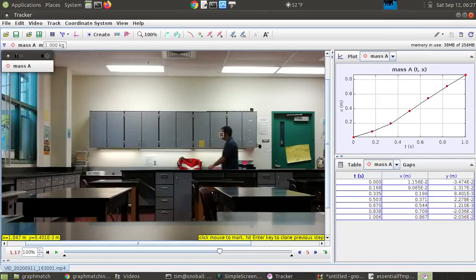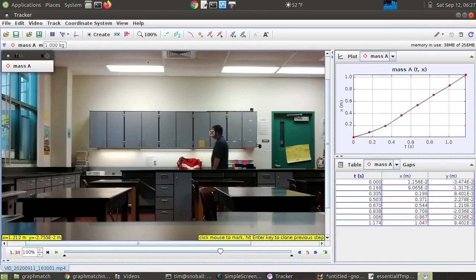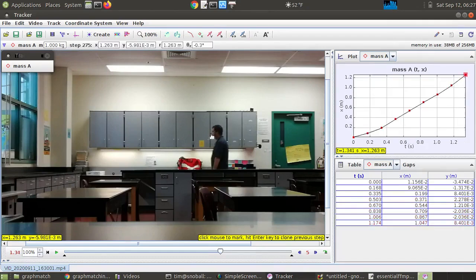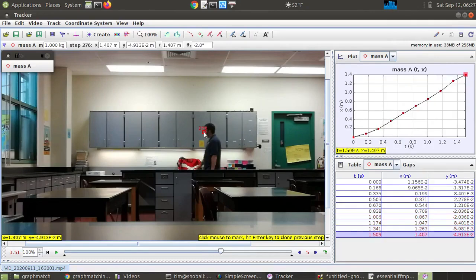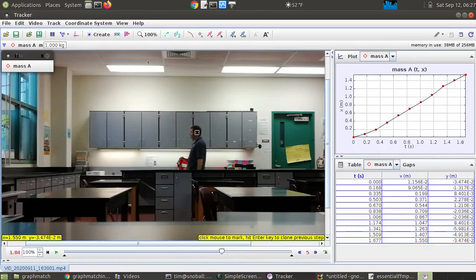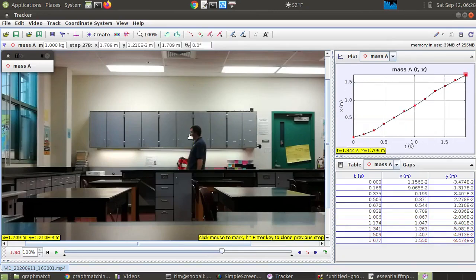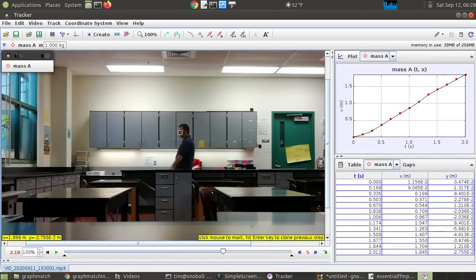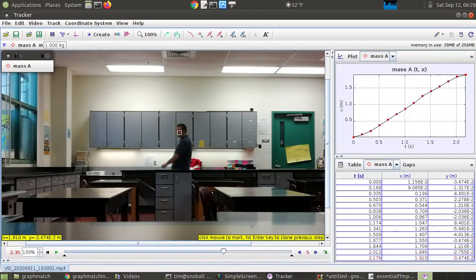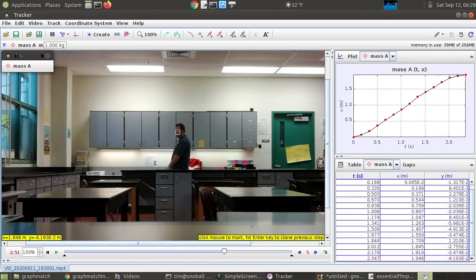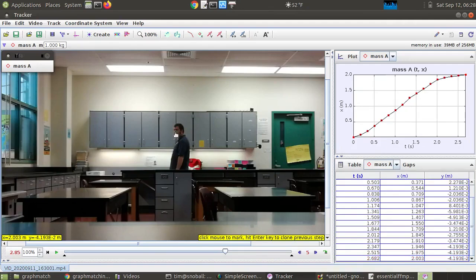So we're getting a pretty linear graph. Alright, so now I'm not moving anymore. Look what's happening to the graph.